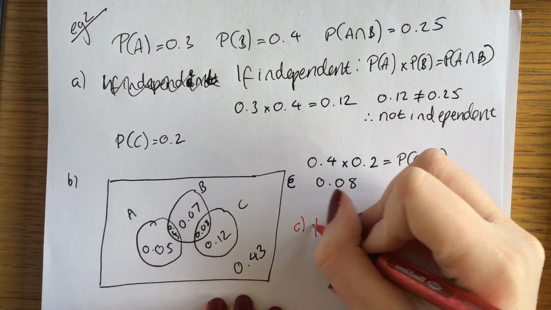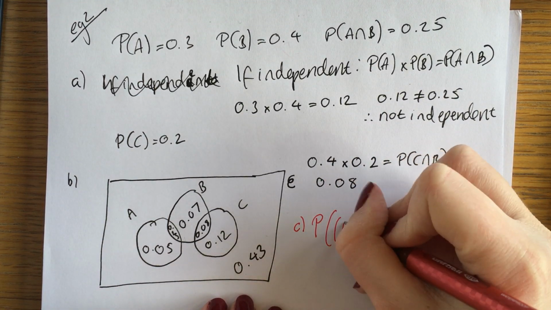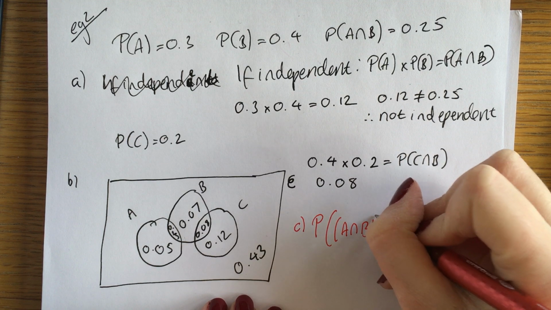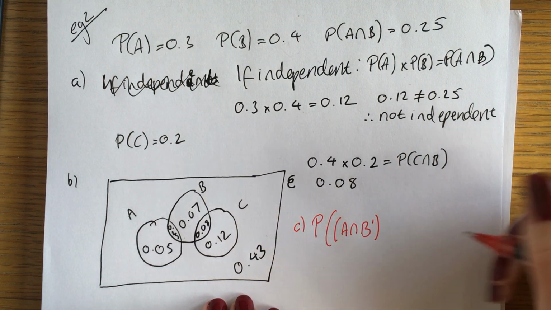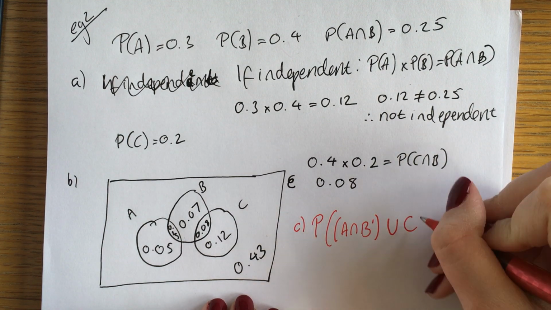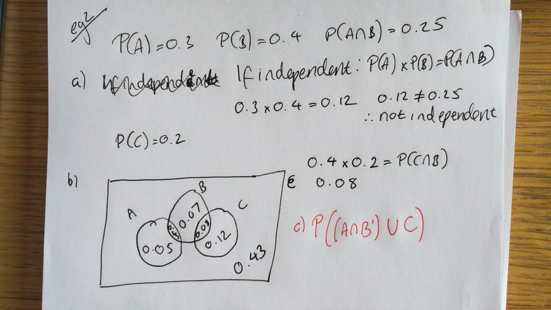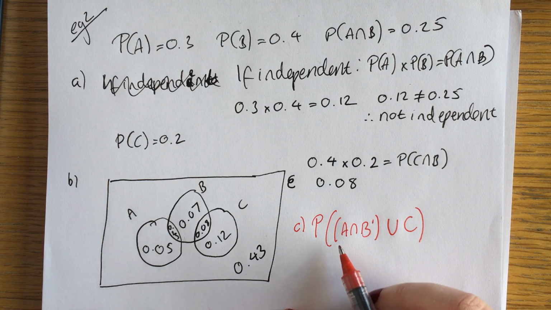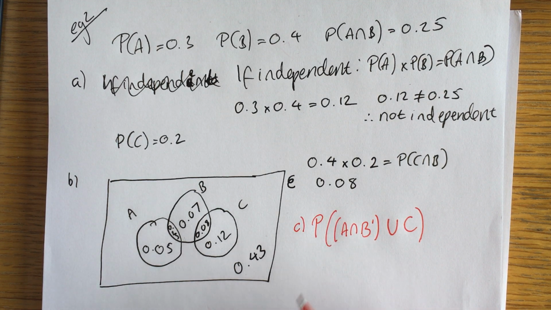C. Find the probability of A intersection B complement or C. In the exam they might use square brackets or they might not use brackets, so you just have to be careful with the notation.